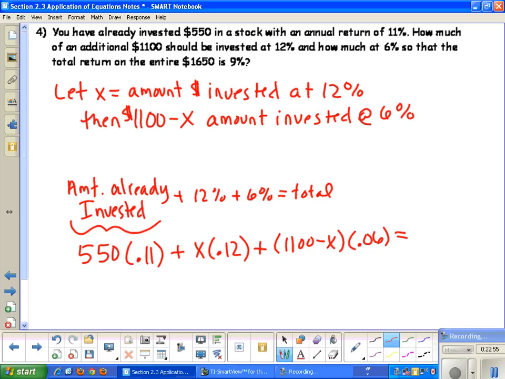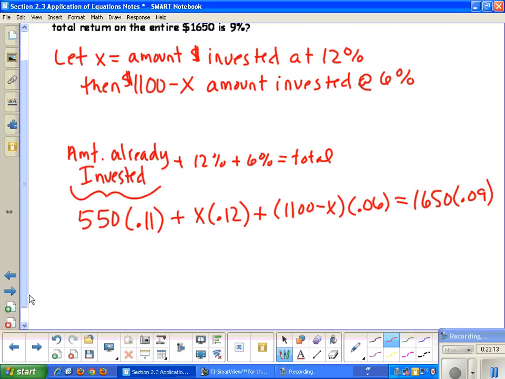So that means we're just taking that total 1650 and timesing it by 9%, so 0.09. So this right here is my equation. Notice that this is going to end up being a linear equation, so the best way to solve this is just to multiply, distribute, and combine like terms. So this would give me 6050 plus 0.12x.